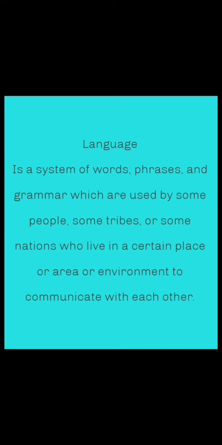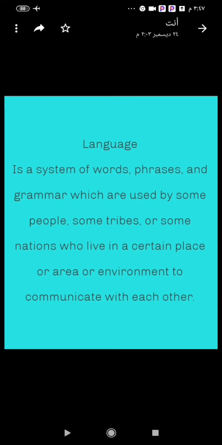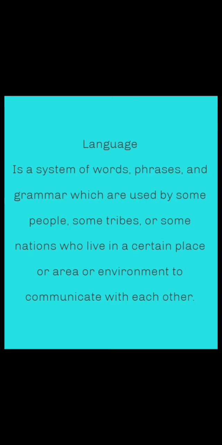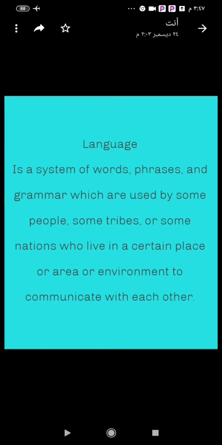Of words كلمات, phrases عبارات, and grammar قواعد, which are used by some people يستخدمها بعض الناس, some tribes بعض القبائل, or some nations بعض الأمم who live in a certain place بيعيشوا في مكان معين, or area أو منطقة, or environment بيئة معينة. Why? To communicate with each other كي يتواصلوا مع بعضهم البعض. So language is a system.